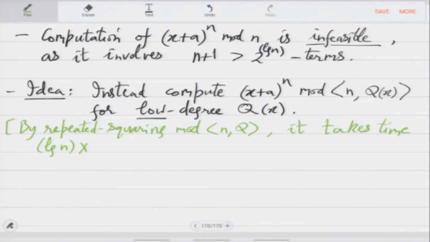What is the bit size? Bit size is degree of q times log n. So everything can be done in O tilde of that. Okay, so this is the time complexity.